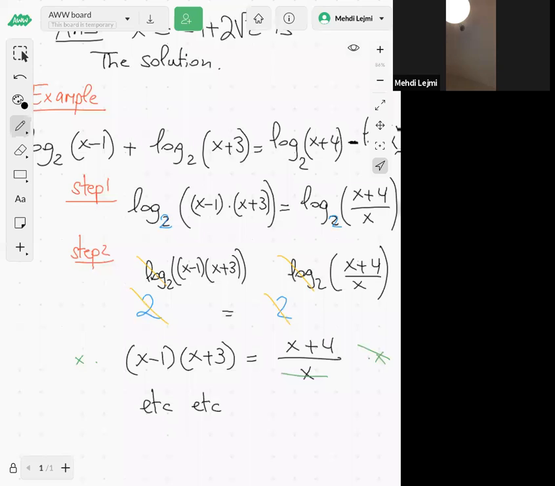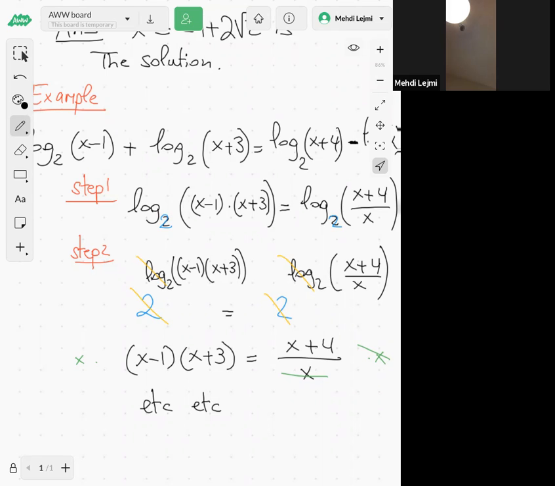Okay. Anyway, all I'm saying here, guys, is that in a log equation, you can have 3 or 4 or 5 logs, etc. But as I said, the idea is the same. First thing to do is try to combine all the logs into the same log. Once you have just a log with the same base, this is really important. You need the same base, right?